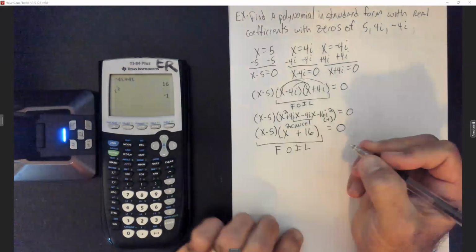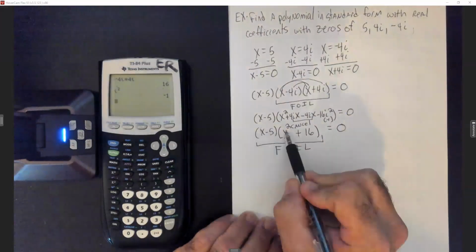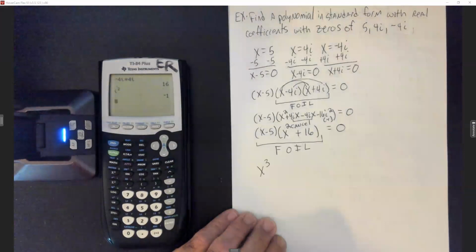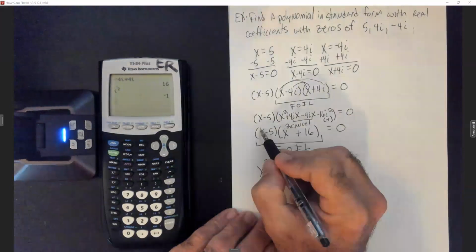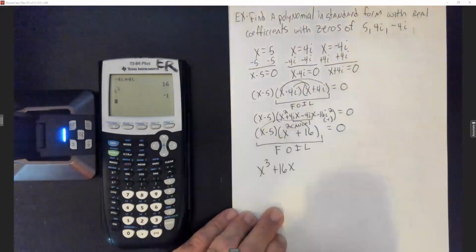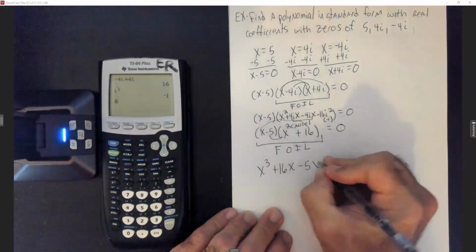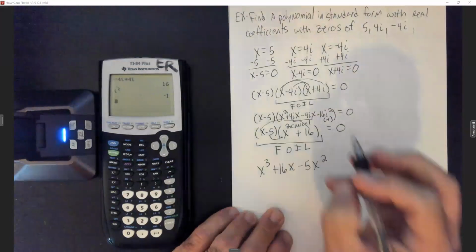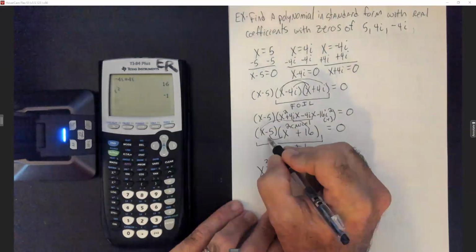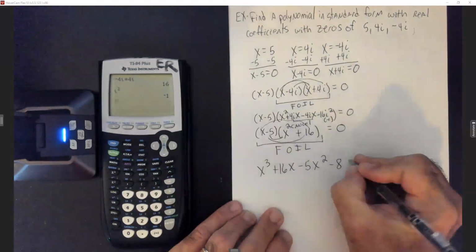So let's FOIL this. x times x squared is x to the third. x times 16 is 16x. Negative 5 times x squared is a negative 5x squared. And then negative 5 times 16 is a negative 80, all equal to 0.